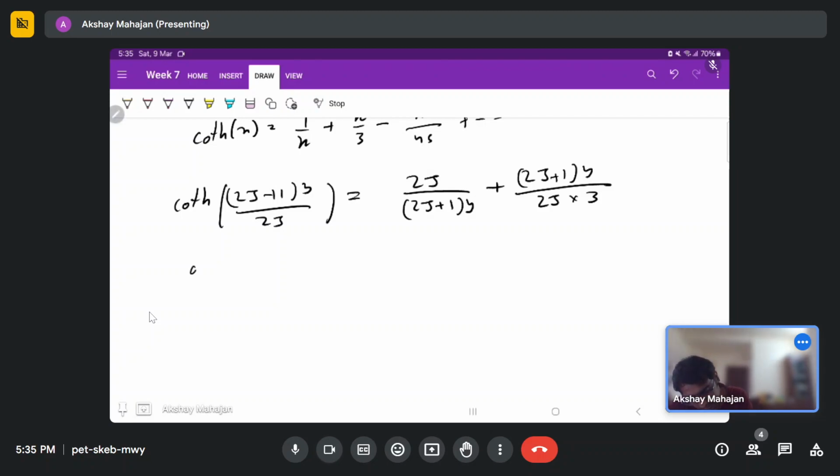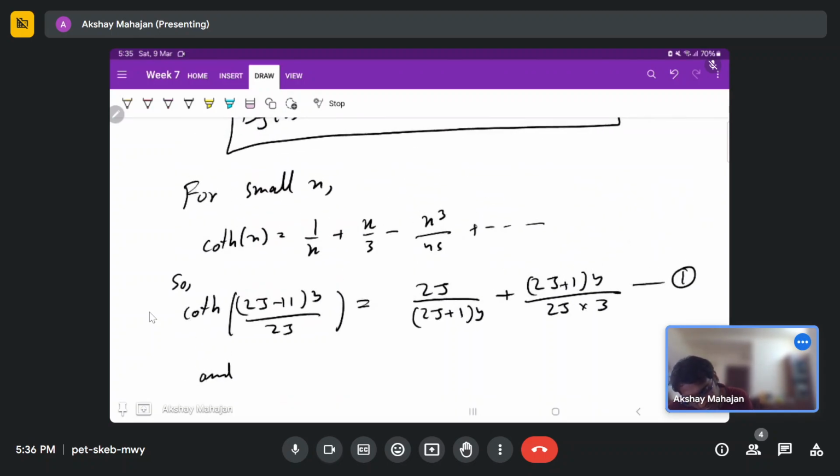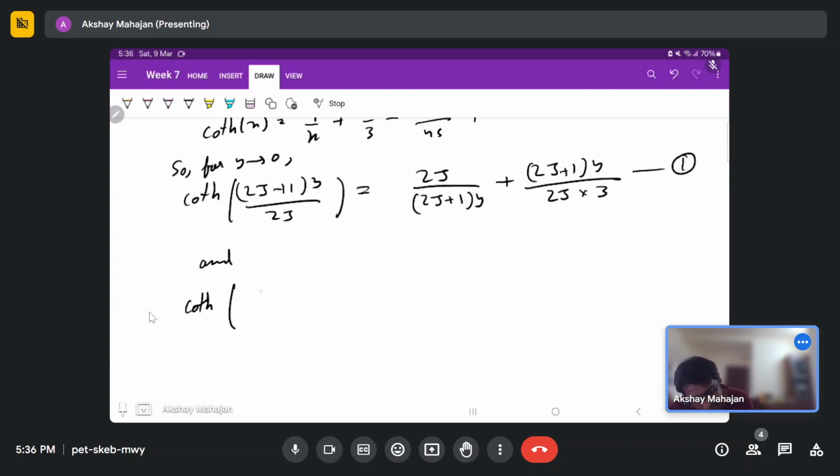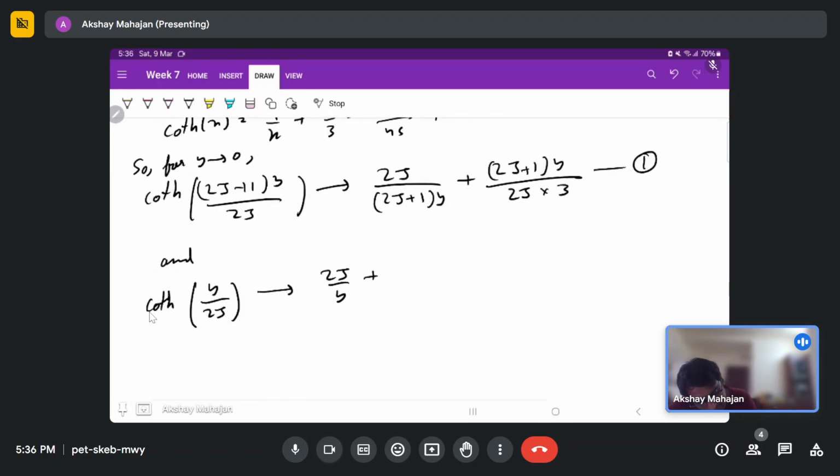So for y tends towards 0, we will have this, and then we will have coth of y upon 2j. This will tend towards again 1 by x, which will be 2j upon y, plus x by 3, which is y upon 2j times 3.